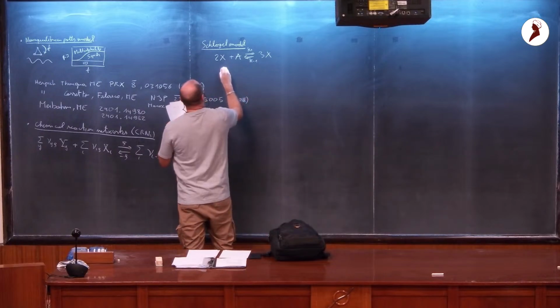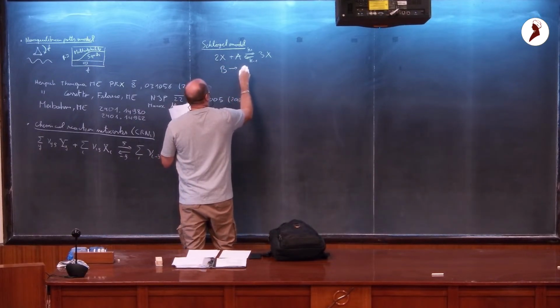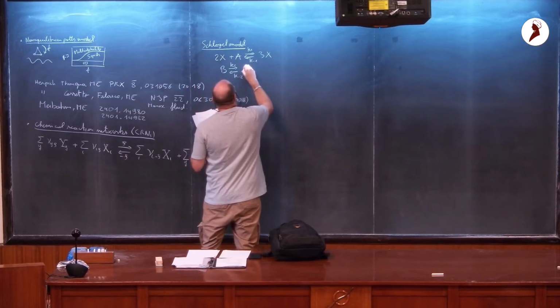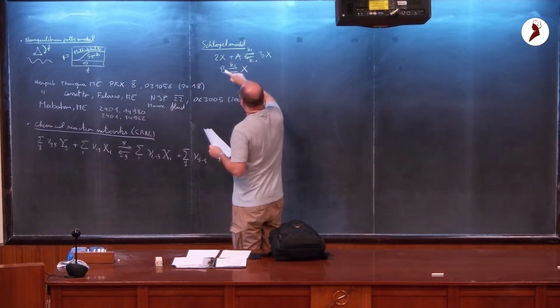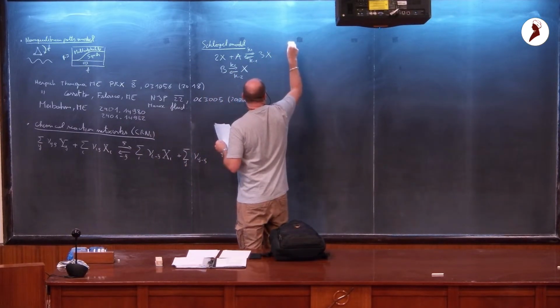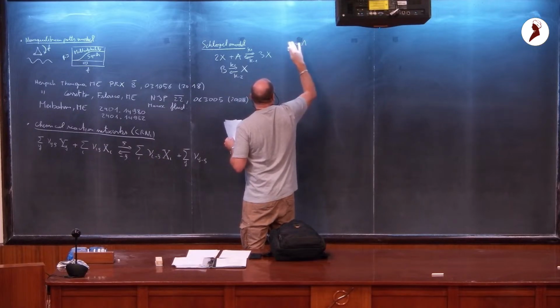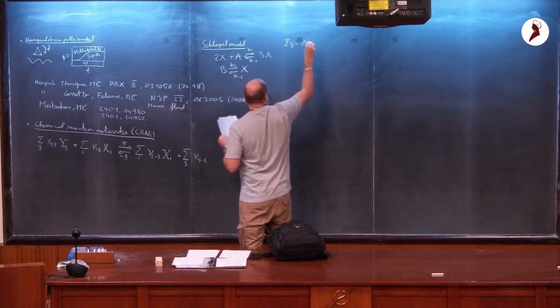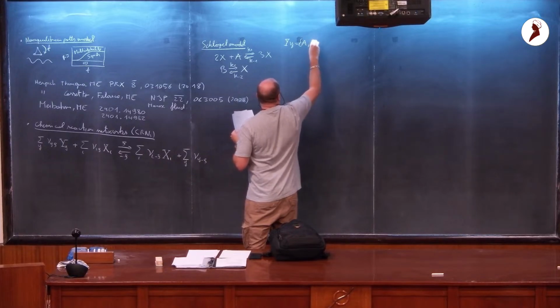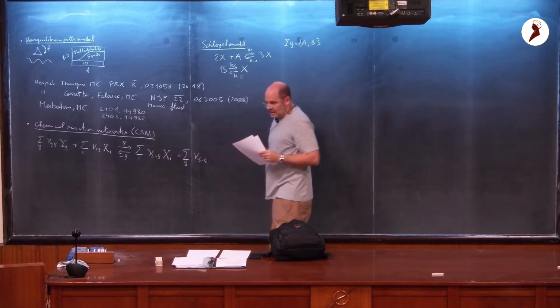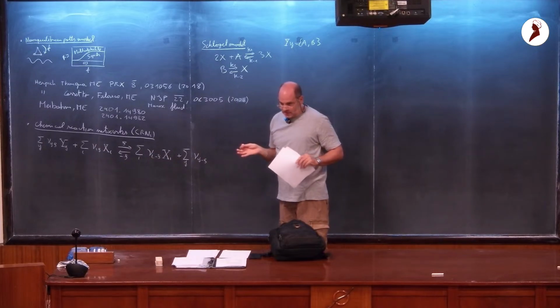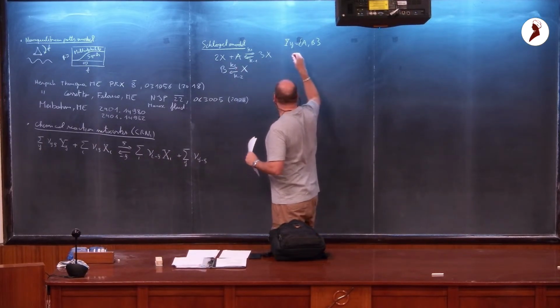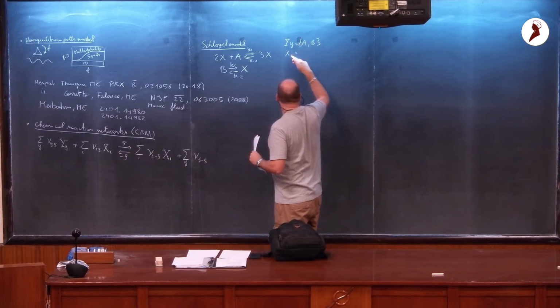And then there's a second reaction, B gives X with rates k2, k minus 2. Now A and B are my Y species, because I assume that these are the ones that are fixed from the outside. And for X, there's only one species; X_i has only one component. It's X.